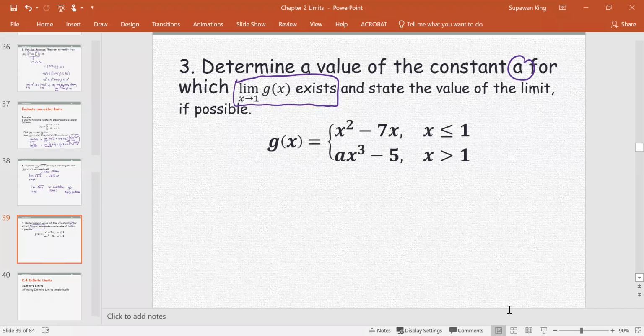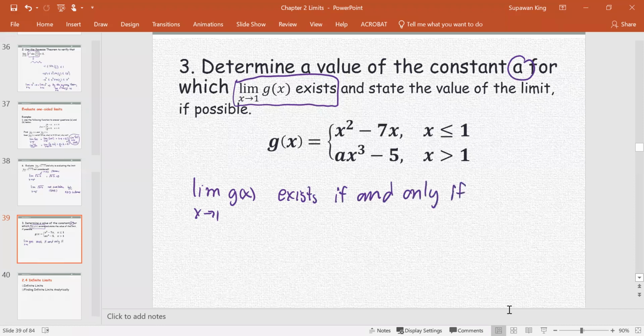So the limit of g(x) as x approaches 1, which is the two-sided limit, exists if and only if the limit of g(x) from the left equals the limit of g(x) from the right.